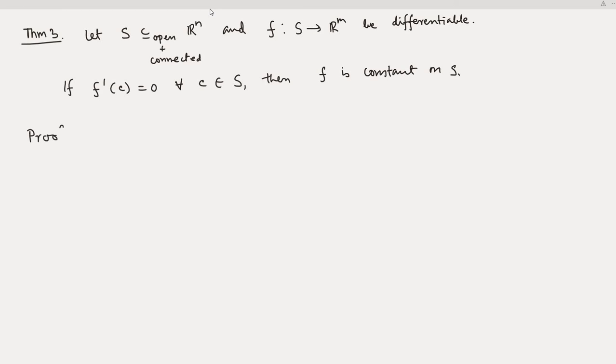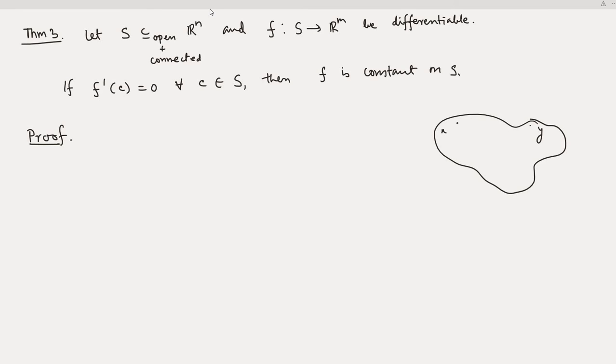Proof: we use the mean value theorem here. S is open and connected, which implies S is polygonally connected. Suppose here we have a point x and here a point y. You know the notion of open subsets of R^n. Now what is connected? Every two points can be joined by a path.